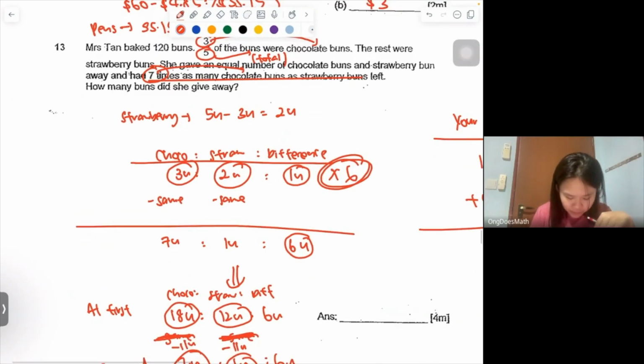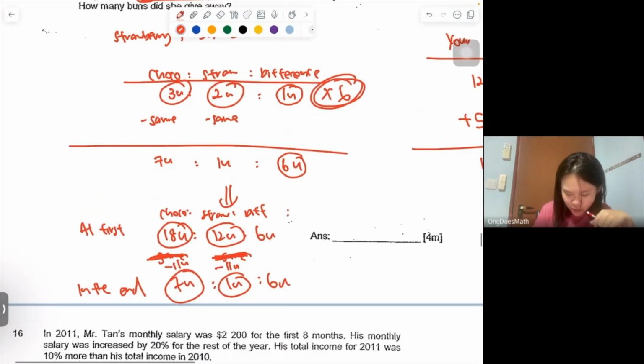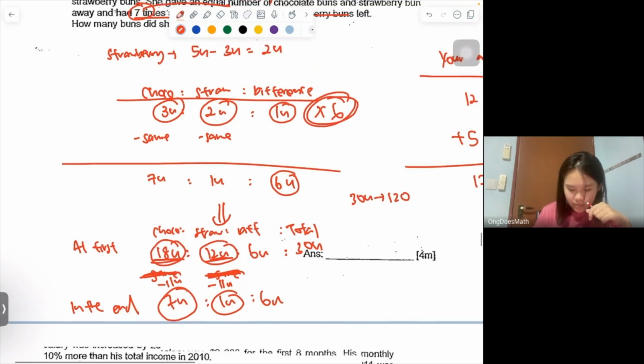Okay, so now we have to find out the exact number of buns. So she said that she baked 120 buns. So if I have another column for total, so at first the total is 18 units plus 12 units, which is 30 units. So at first 30 units is 120 because she baked 120 buns.